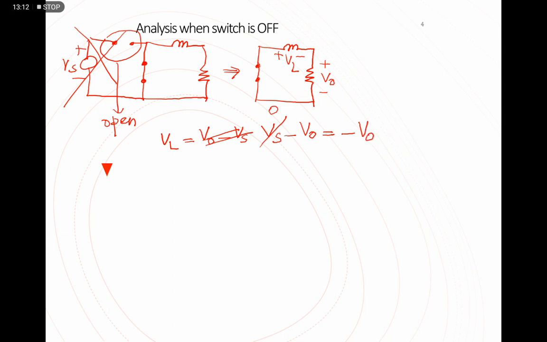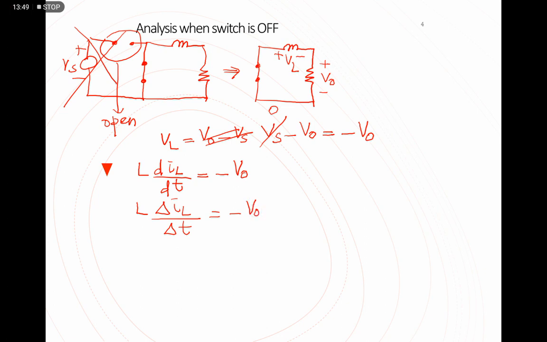Then we replace our VL with the element of inductor and current, which is L dIL over dt equals negative V0. Then we replace dIL over dt with delta IL over delta t equals negative V0.